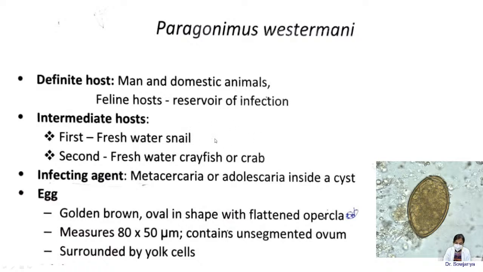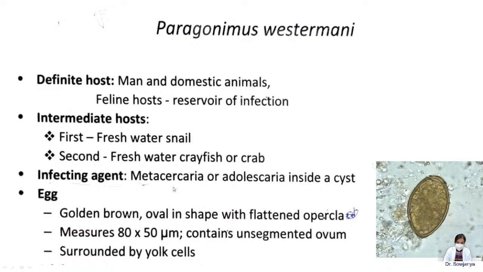This cercariae will then invade its second intermediate host, the crayfish or the crab. In the second intermediate host, the cercariae will encyst to form metacercariae, which is the infective stage. Human beings get infection by consumption of inadequately cooked crayfish or crab.